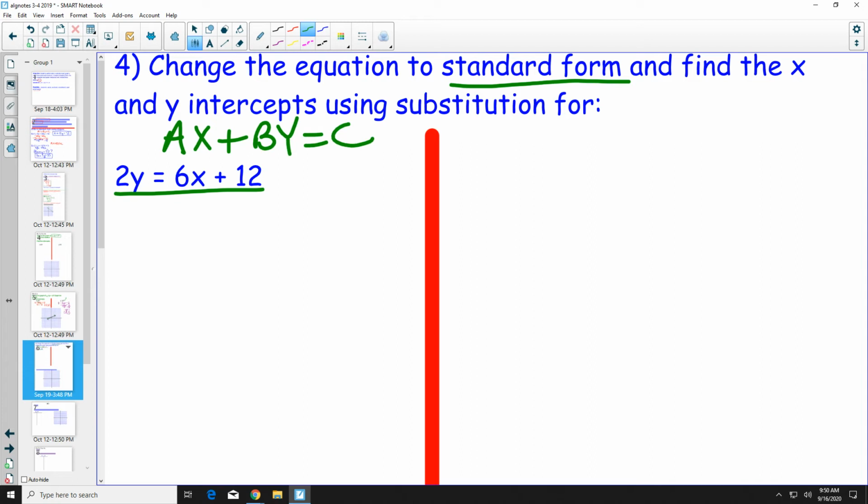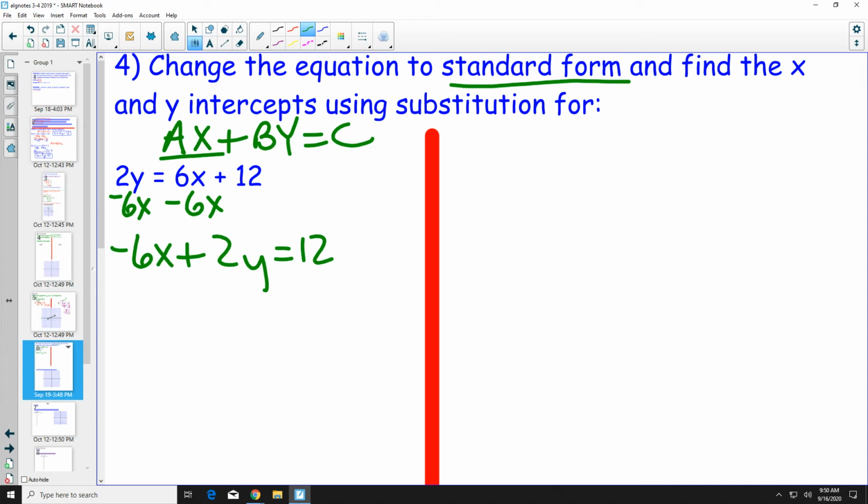So first we should get the x to the other side. Our first step should be to subtract 6x. Good. So I have a negative 6x. I'm going to put my x first so it's in standard form. Plus 2y equals 12. Do you think that's in standard form?